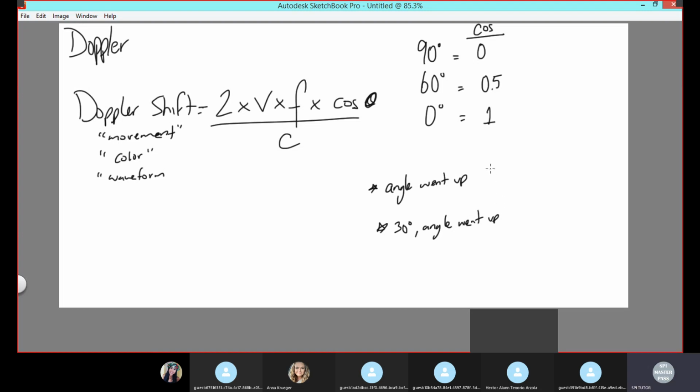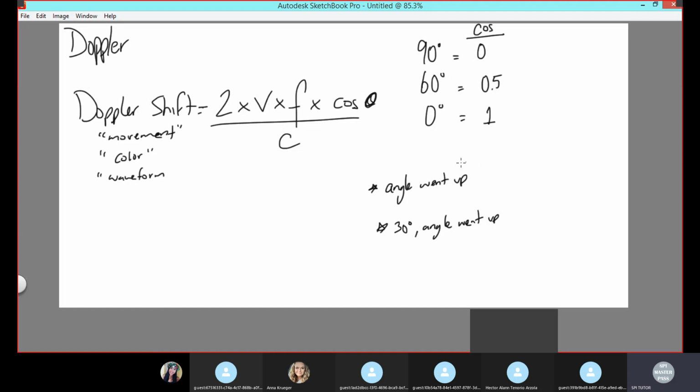So in one instance, they don't give you an angle, they just say that it went up. In the other instance, they'll give you an angle and then they'll say that it went up. And for the sake of argument, I'm just picking going up, but they can just ask you going down. All right. But you don't have to know both. Okay. If you know one, you can figure out the other.